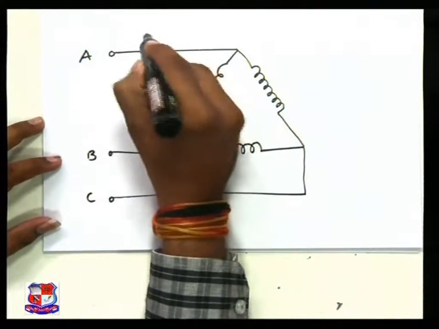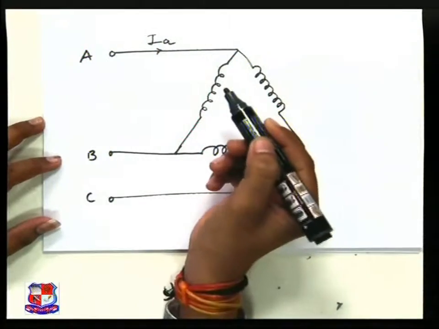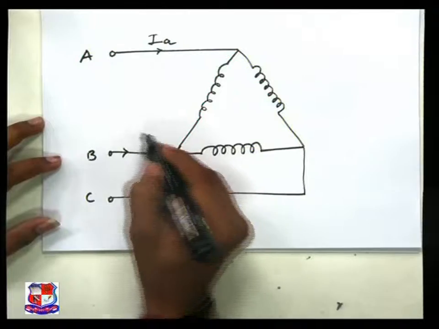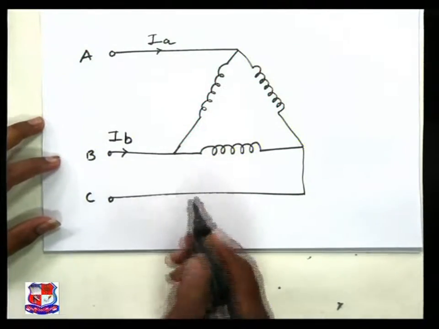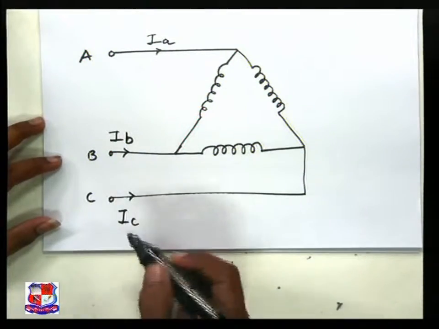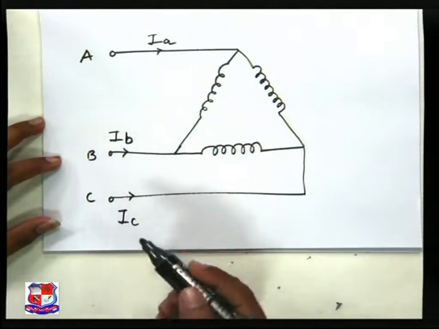The current flowing through the next line is known as IB, and the current flowing through the third line is known as IC. So this is called line current.